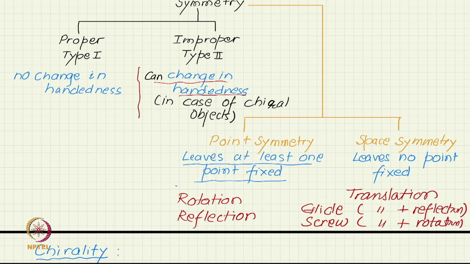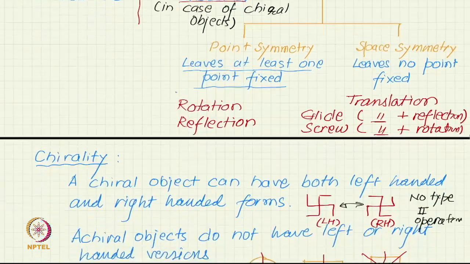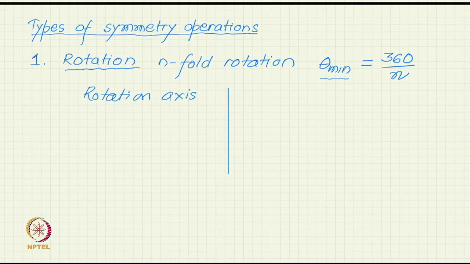Since they have a translation component, these also will not leave any point unchanged, invariant. So, all these are space symmetry operations. Rotation, since it is a point operation, leaves points fixed, and we know that those fixed points are what is called the rotation axis.